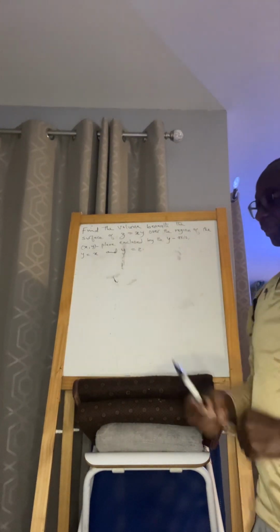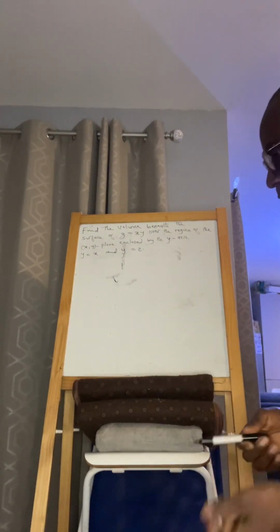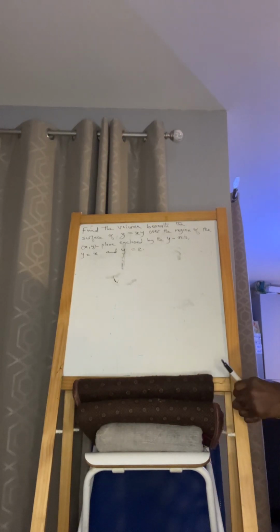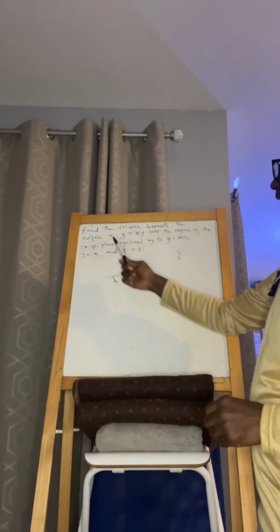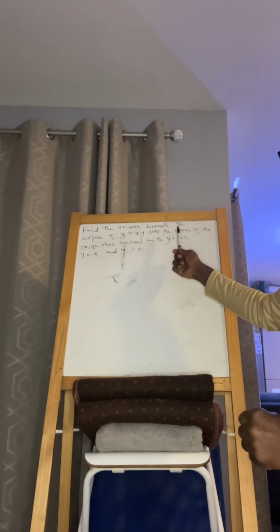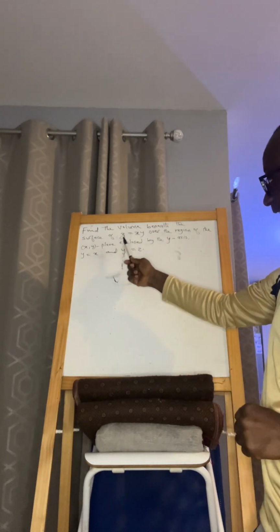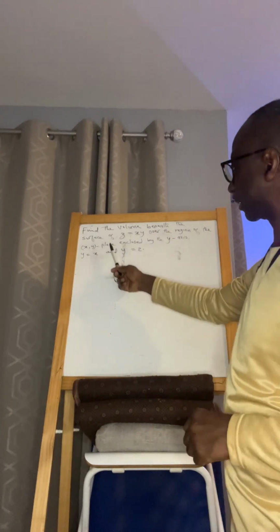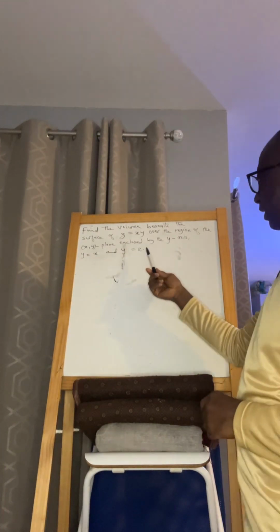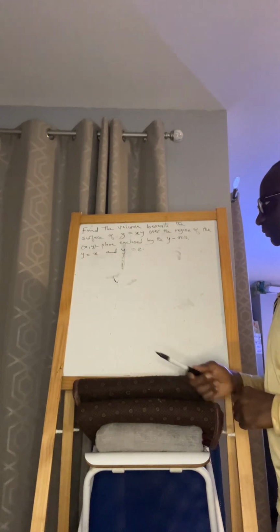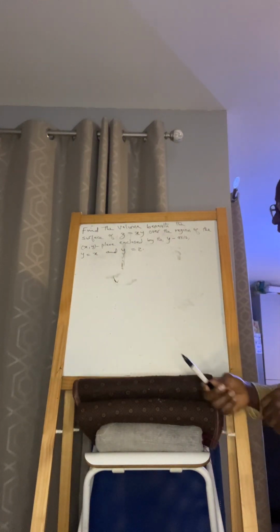We have a problem here which I would like us to solve together. The problem reads, find the volume beneath the surface of z equals xy over the region of the xy plane enclosed by the y-axis, y equals x and y equals 2.